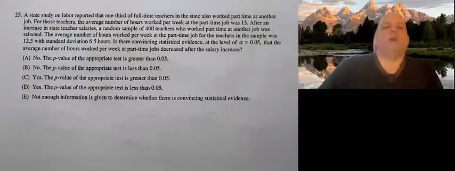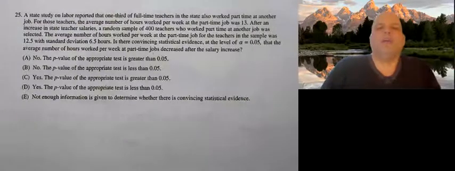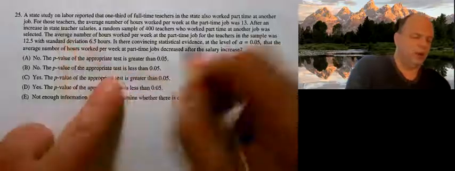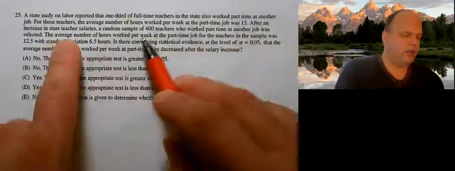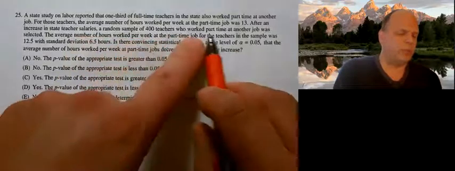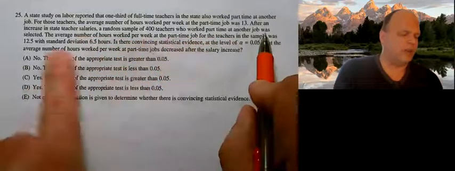A state study on labor reported that 1/3 of full-time teachers in the state also work part-time jobs at another job. For those teachers, the average number of hours worked per week at the part-time job was 13. After an increase in the state teacher salaries, a random sample of 400 teachers who worked part-time at another job was selected.